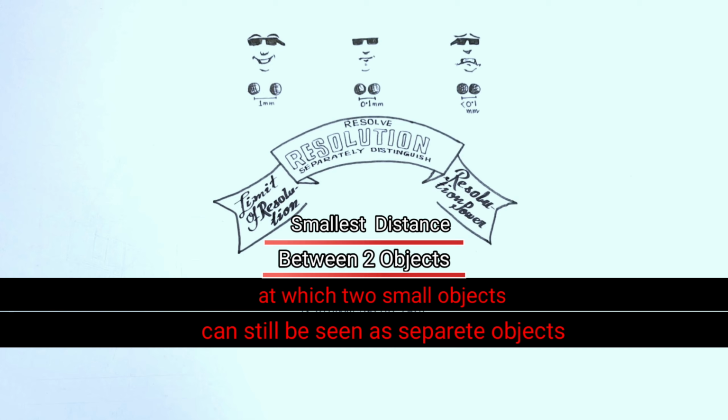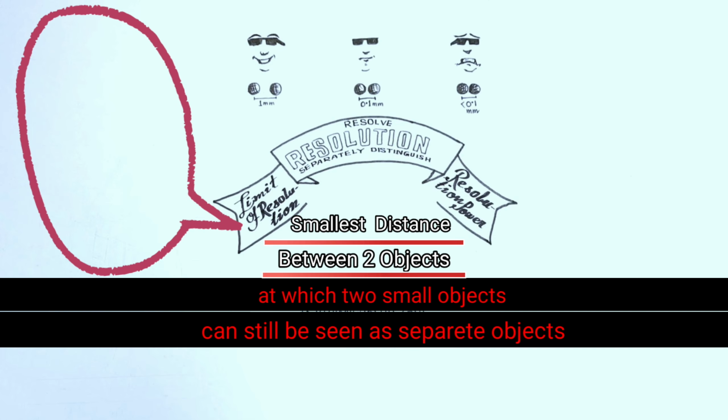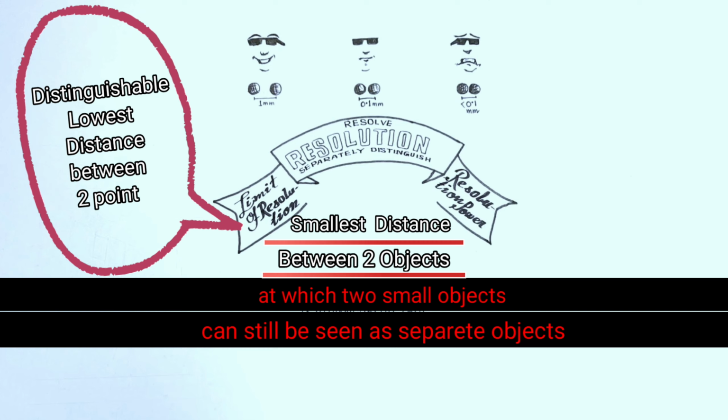Okay, then what is limit of resolution? Limit of resolution refers to the same distance, but the shortest distance, or the lowest range of distance between 2 points up to which a lens can distinguish 2 closely placed points and beyond which it cannot reveal them as separate entities. And now, resolution power or resolving power.